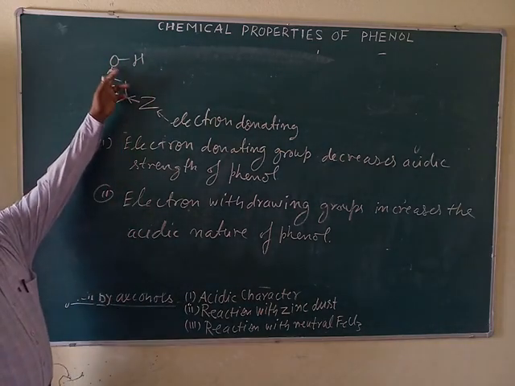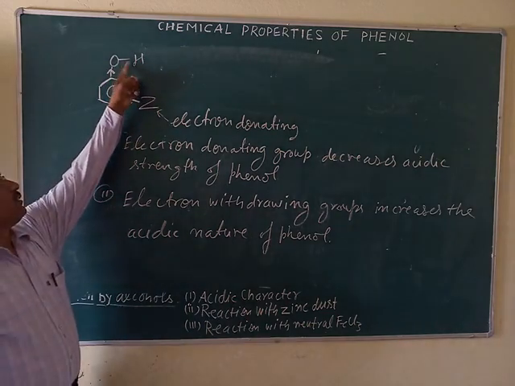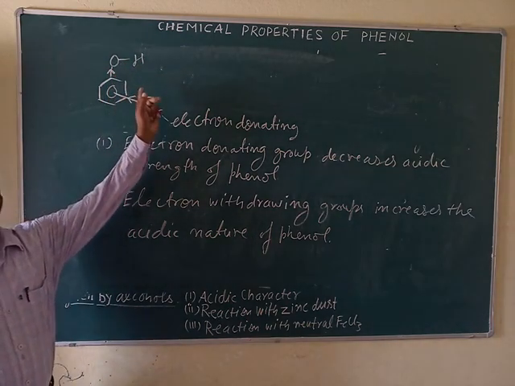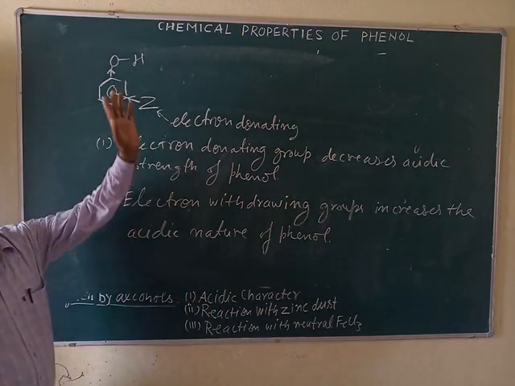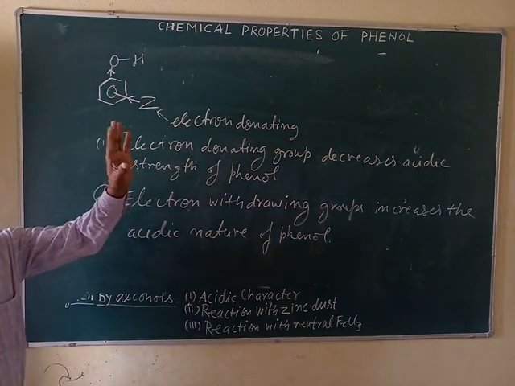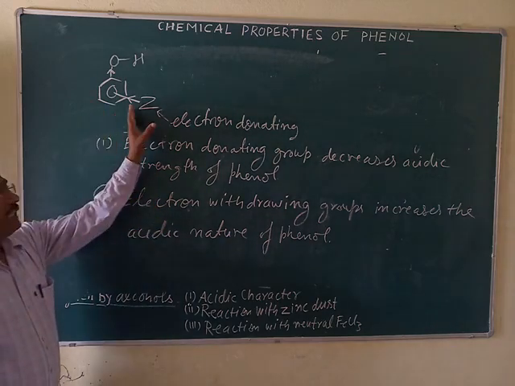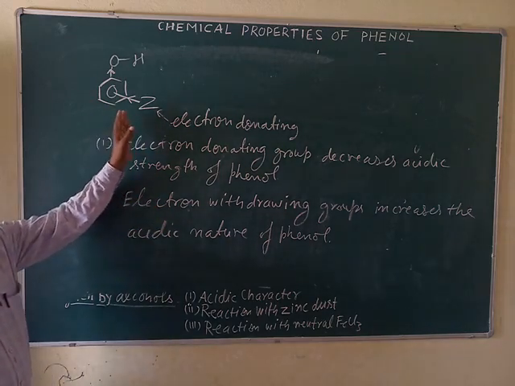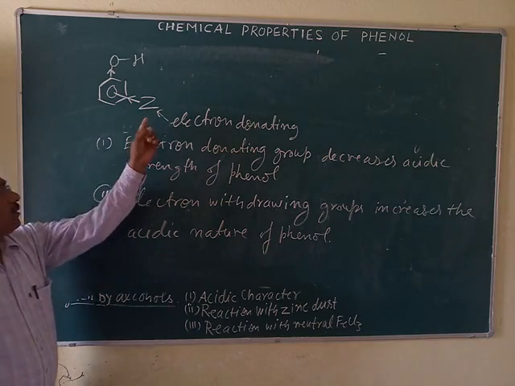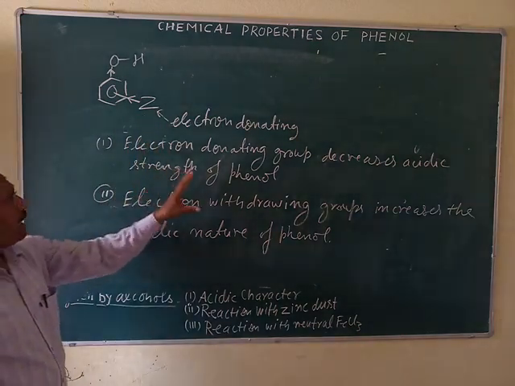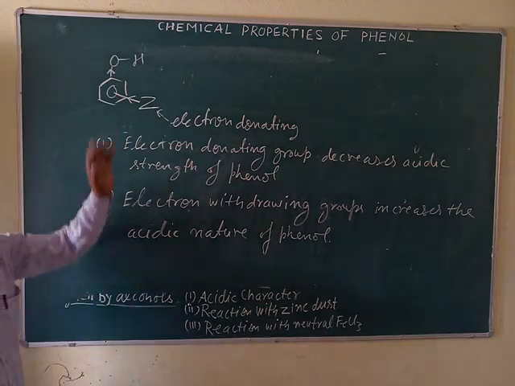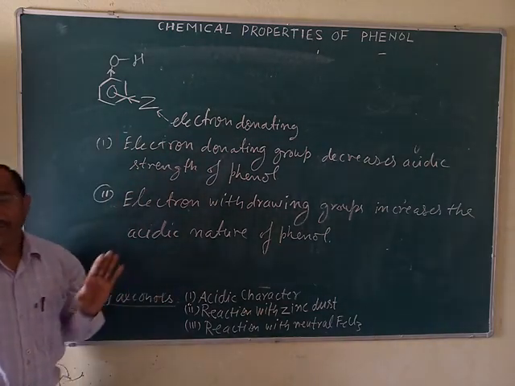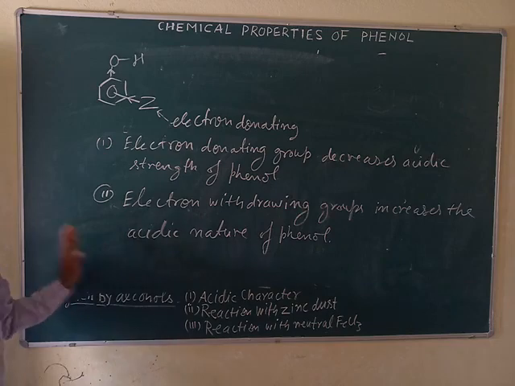As electron density on oxygen increases, polar character of the OH bond decreases. That's why release of hydrogen as a proton becomes difficult. That's why acidic character of phenol decreases by the effect of electron donating substituents. Means an electron donating substituent always decreases the acidic nature of phenol.